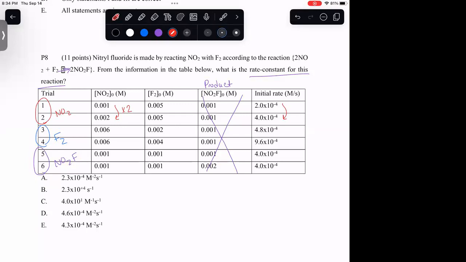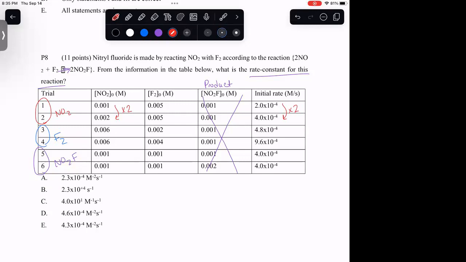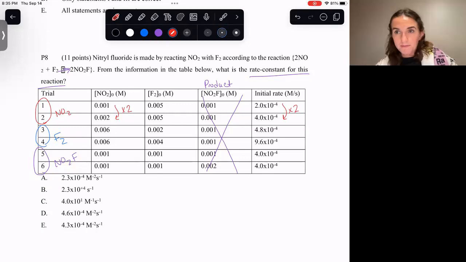It's also multiplied by 2. Yeah, awesome, right? So this is also multiplied by 2. So if our concentration is going up by 2 and our rate is going up by 2, what would be the order? First. Yep, so this would be first order.